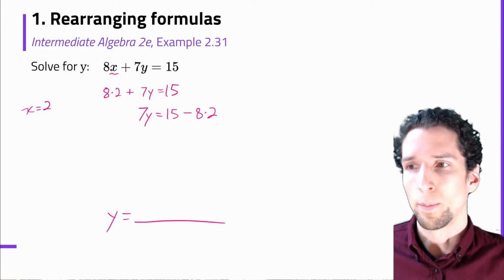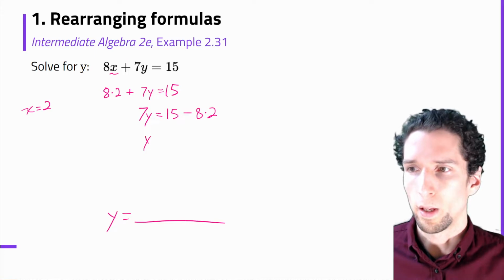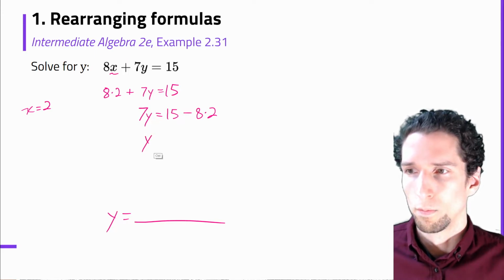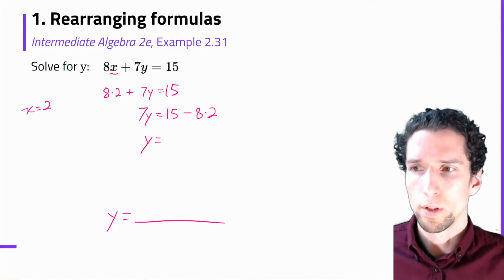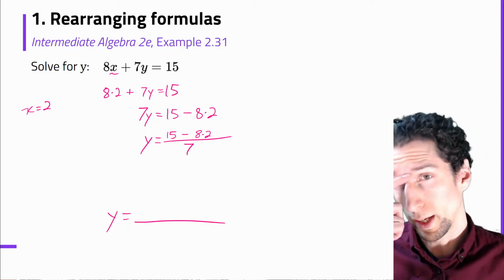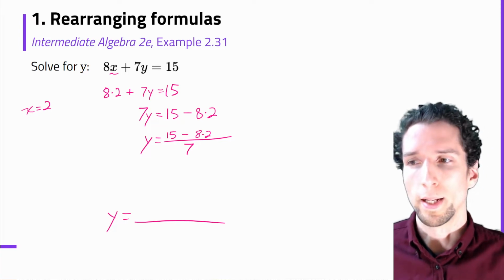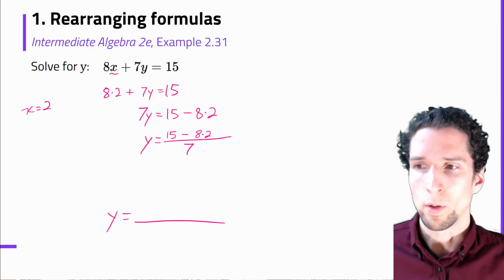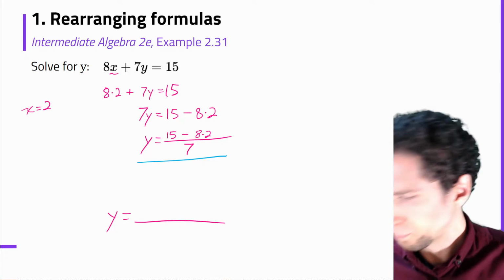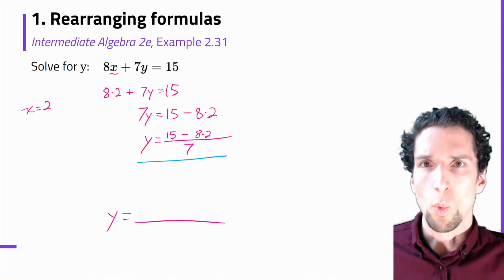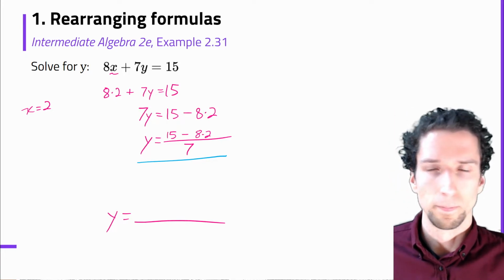So we would divide both sides by 7. y equals 15 minus 8 times 2 all over 7, like this. And we could split that up and whatever, but that does achieve the basic goal of having, excuse me, of having the y isolated here.